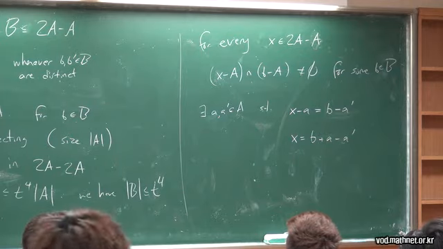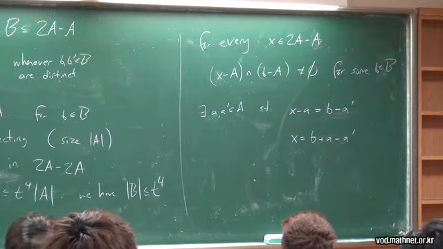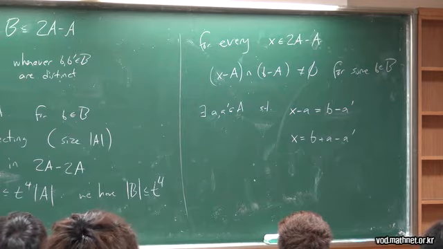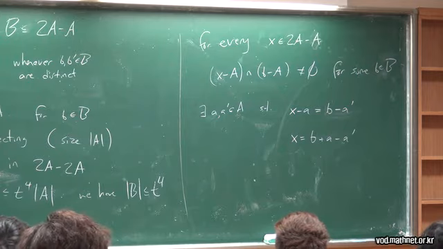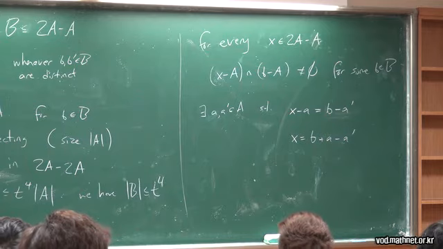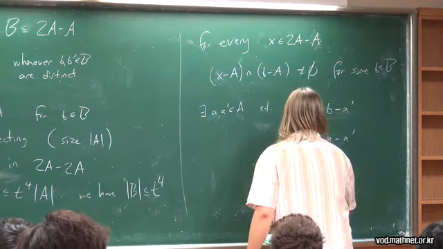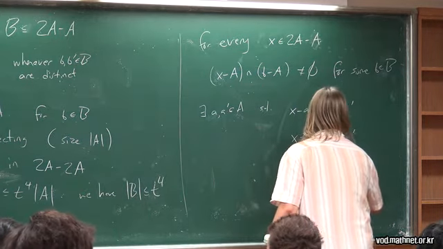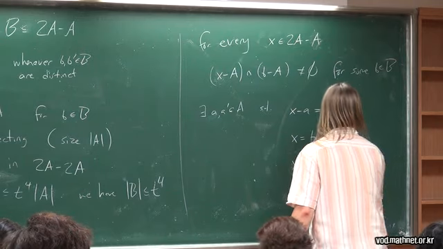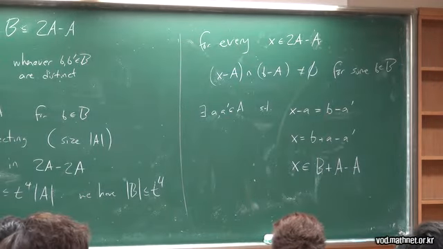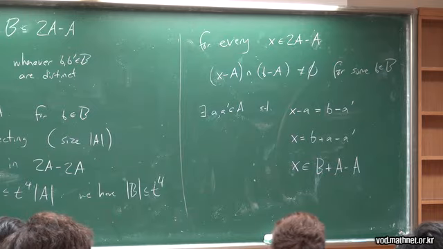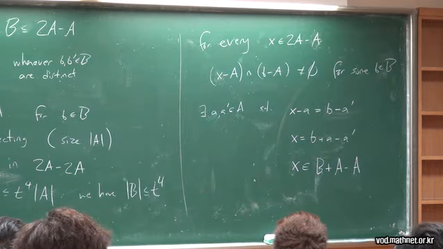So for every x in 2A minus A, x is equal to b plus a minus a' for some choice of b and a' from my sets. But that means that x is actually in b plus A minus A.